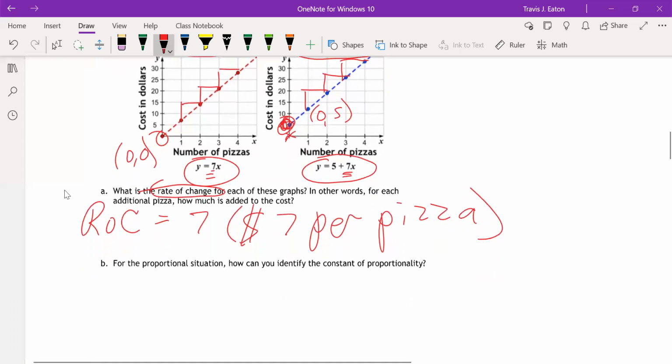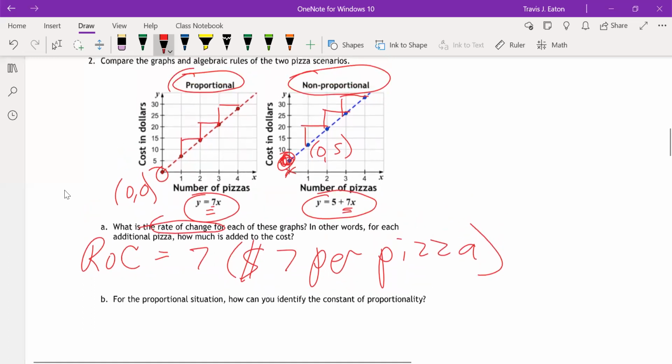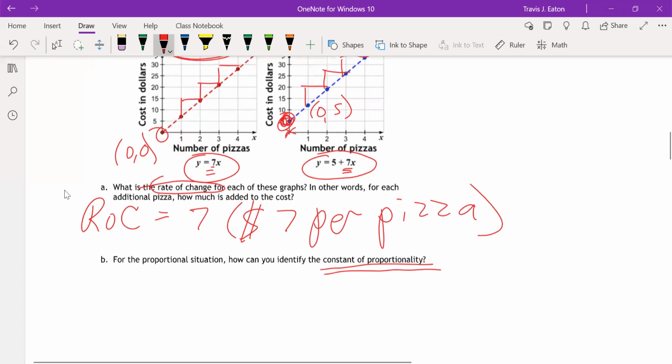So that brings us to question B that asks, for the proportional situation, and that's the first one, how can you identify the constant of proportionality? Well, it's easy to see in the algebraic rule or the equation. The constant of proportionality, the COP, happens to be the coefficient of x.